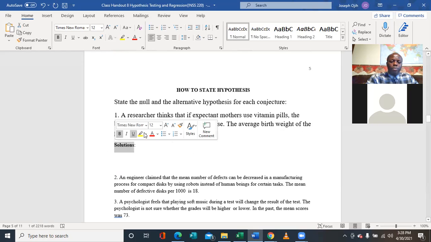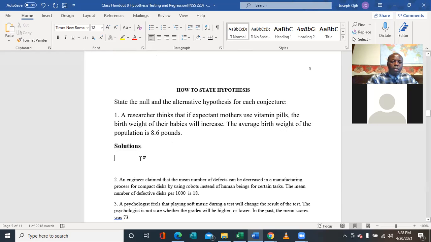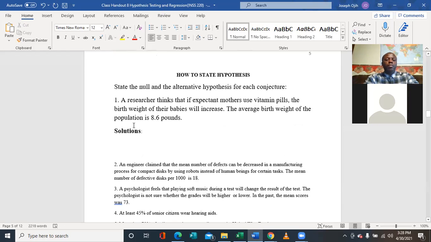So let us take the hypothesis here. Now you look at the keywords: the average birth weight. So this has to do with the mean. He said that it will increase.